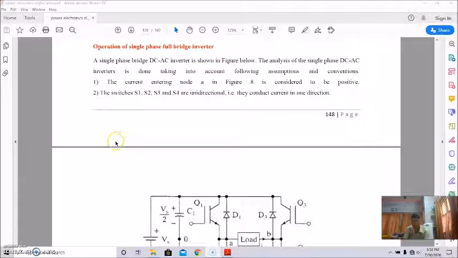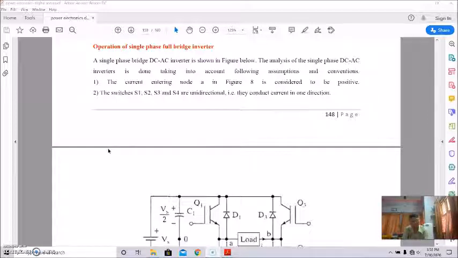Before going to these, we will say that this full bridge inverter consists of two pairs of controlled switches, S1, S2 and S3, S4, here Q1, Q2, Q3 and Q4, and two pairs of diodes, D1, D2 and D3, D4.